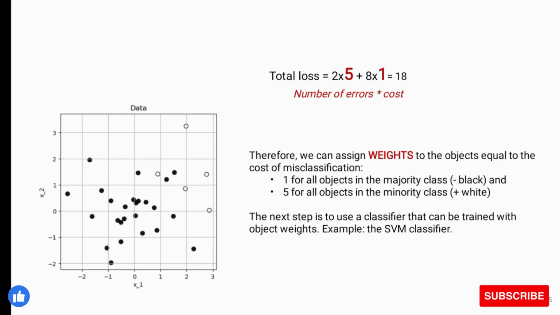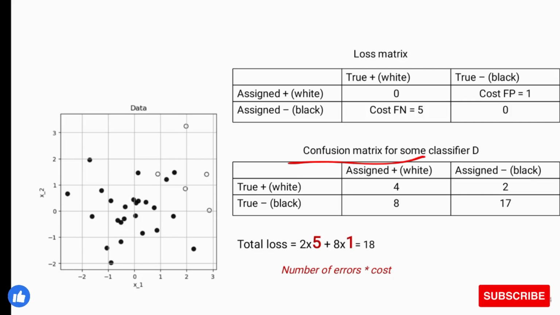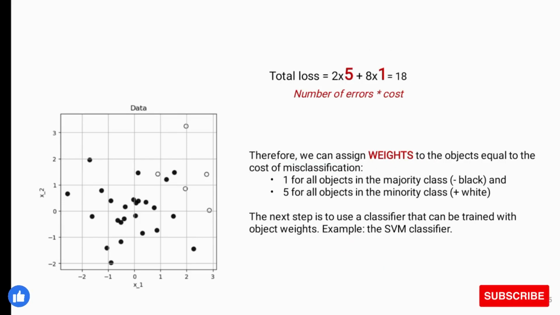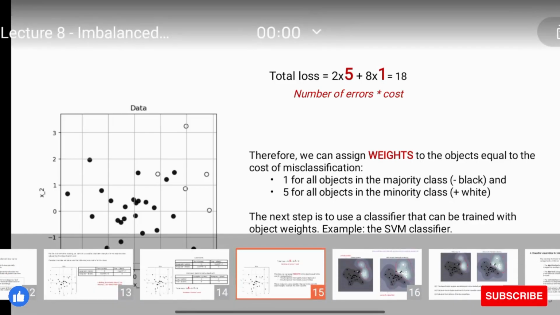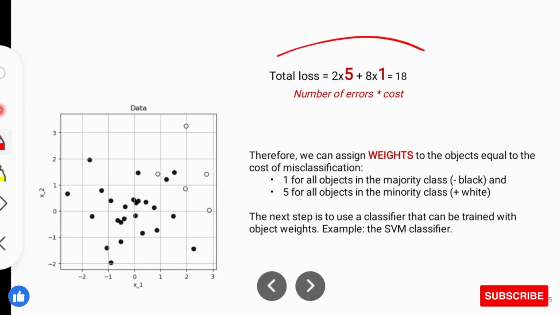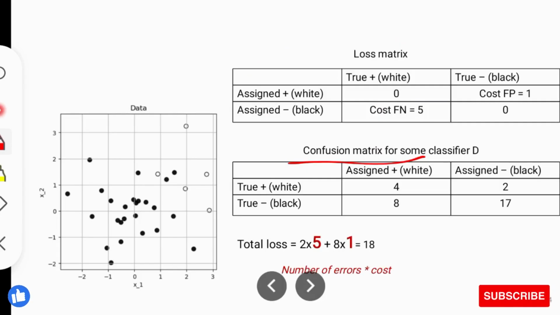By convention, a loss matrix assigned are the rows. So that means they flip over, don't they? Or one of them at least flips over. So that's why we get 2 times 5. Notice it's still the same combination, assigned minus true plus. So 5 times 2, and the opposite way round is 8 times 1.